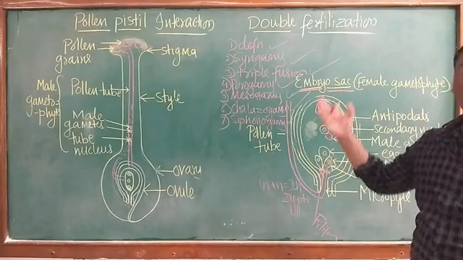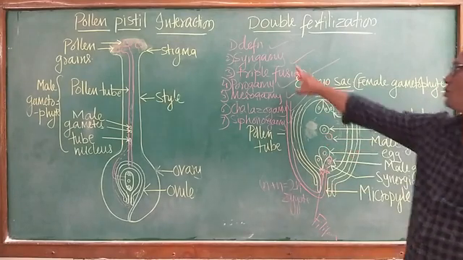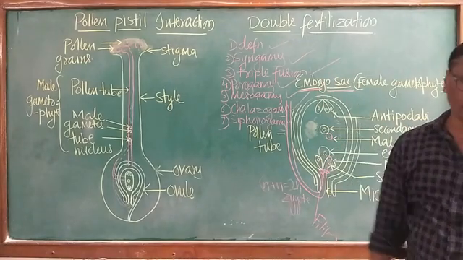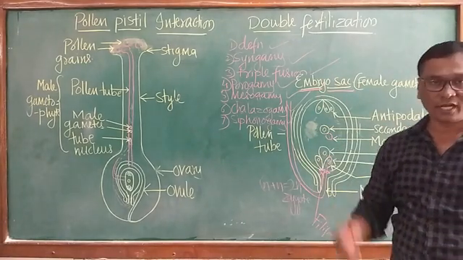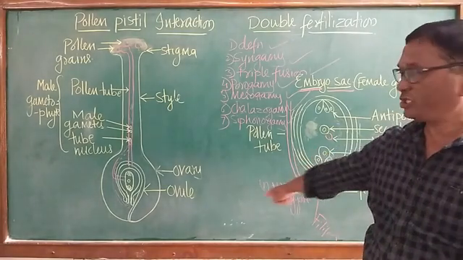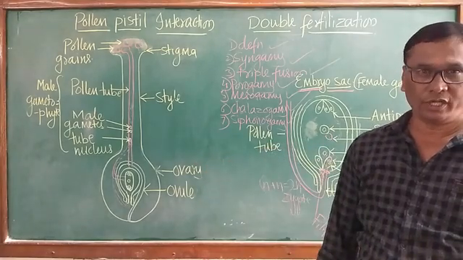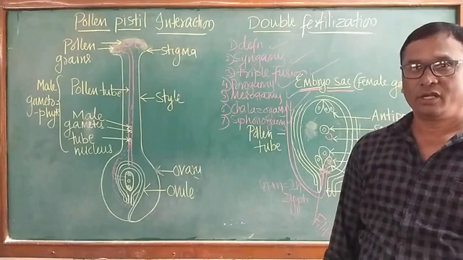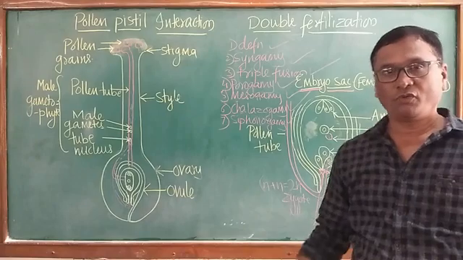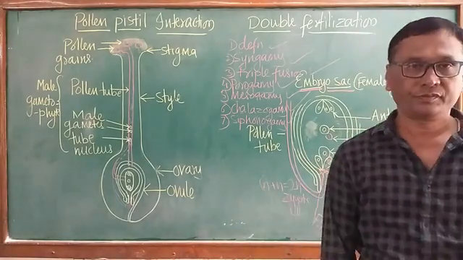But all the changes in the zygote and the triple fusion are studied as post-fertilization changes. So in the next class, we are going to study post-fertilization changes in the ovule and the ovary, as well as the development of endosperm and embryo within the ovule. Thank you.